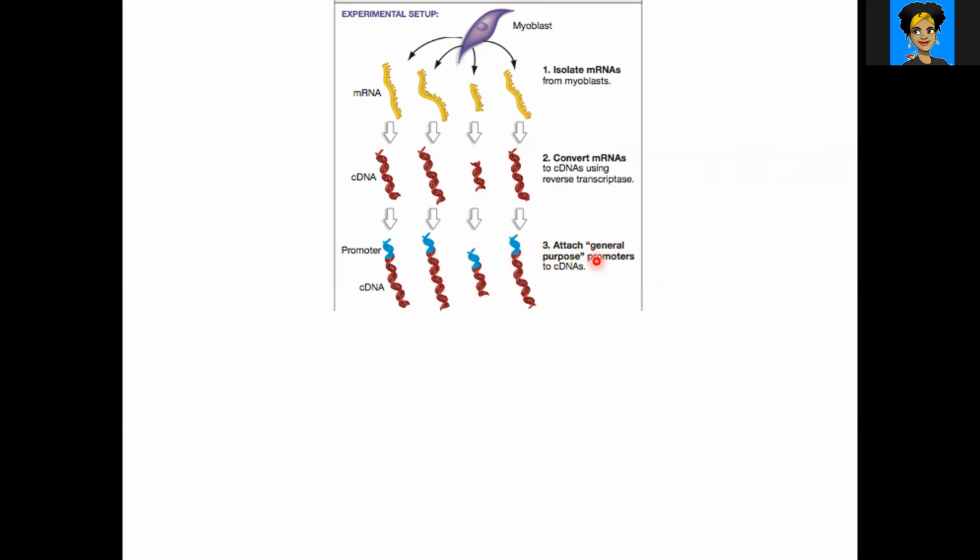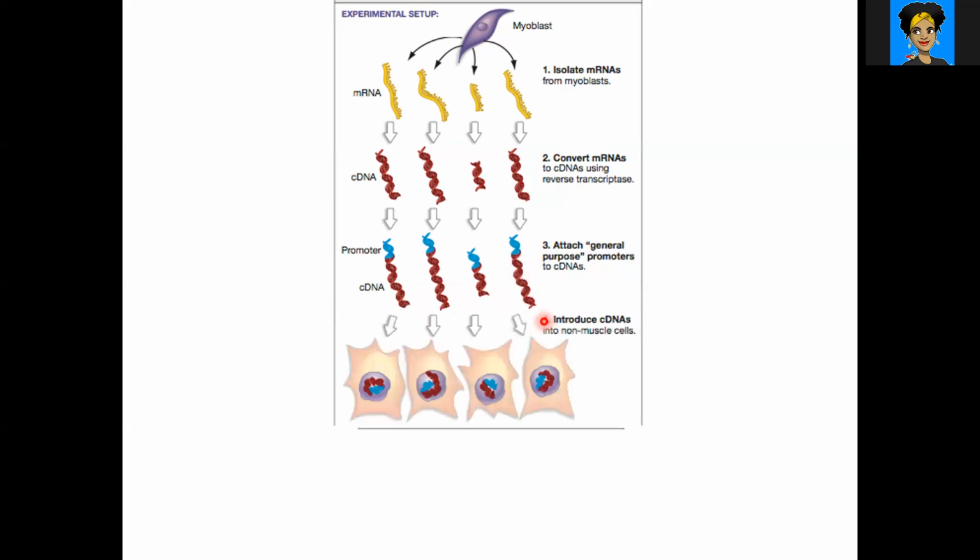They attach general purpose promoters to make sure that this DNA can be transcribed. And they put this DNA with general purpose promoters into a bunch of undifferentiated random cells. So they're not myoblasts, they're just a non-muscle cell type.